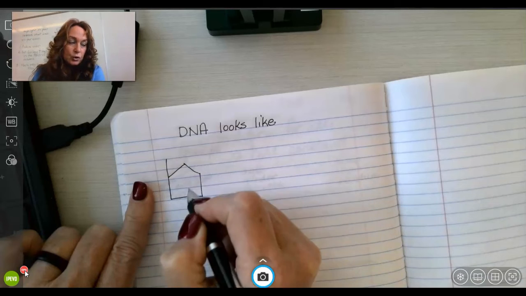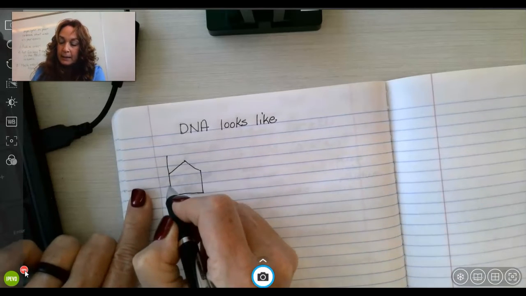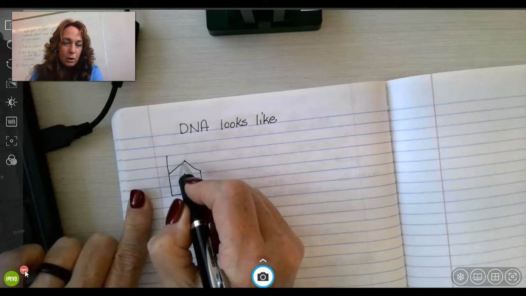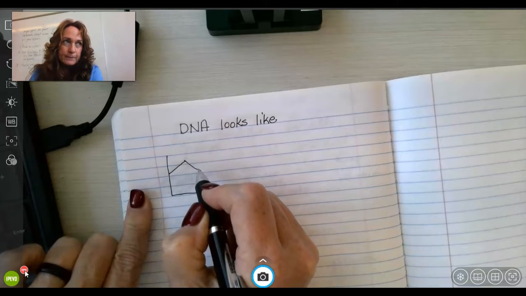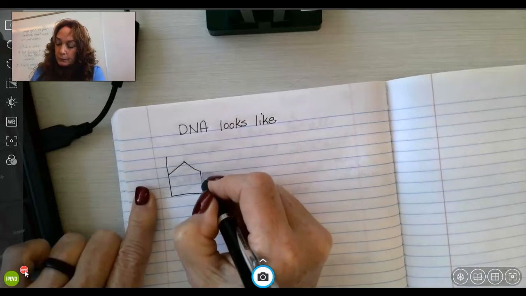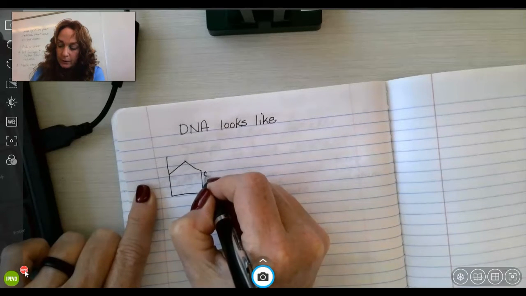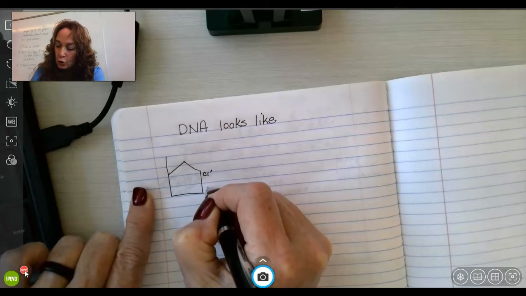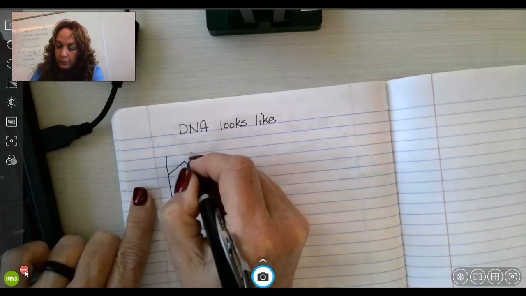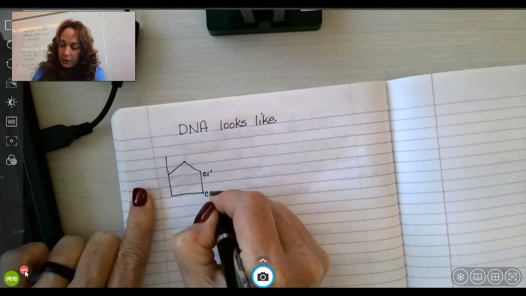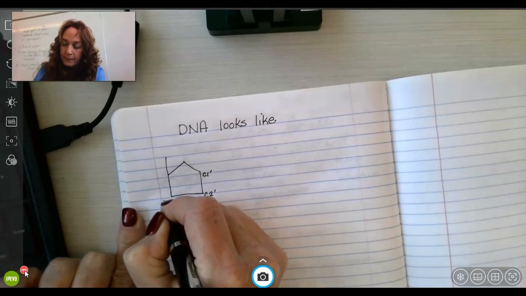So this is your sugar, and carbons are going to be named based on the position where they are. So we're going to call this one your 1 prime, and then you just walk around and number the rest of them. So down here is the 2 prime carbon.